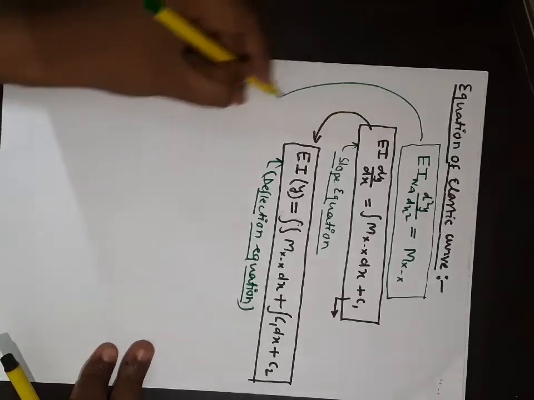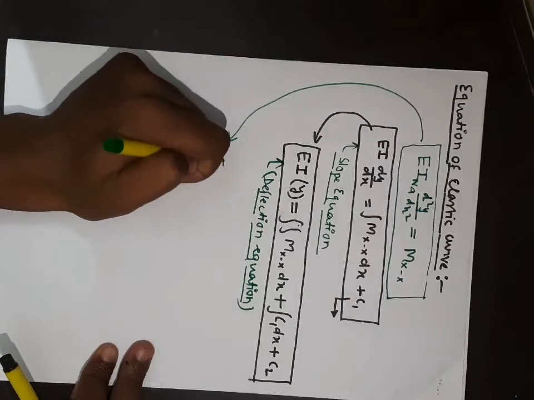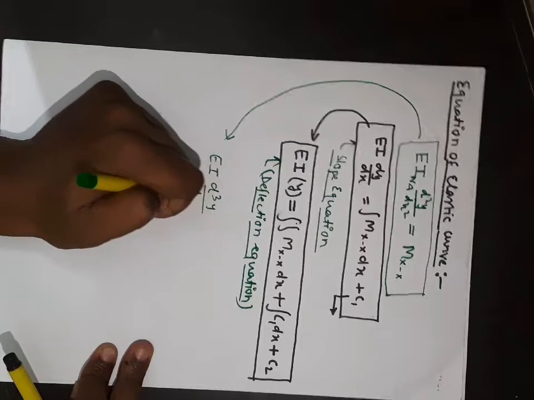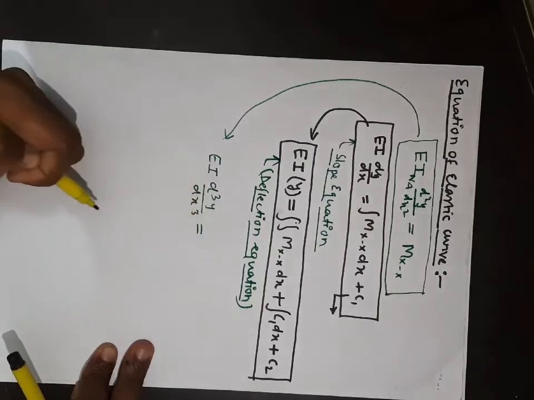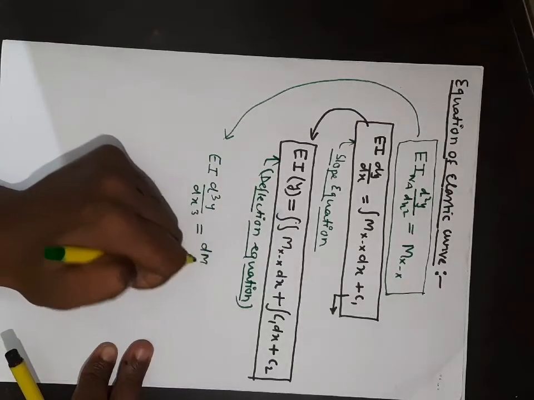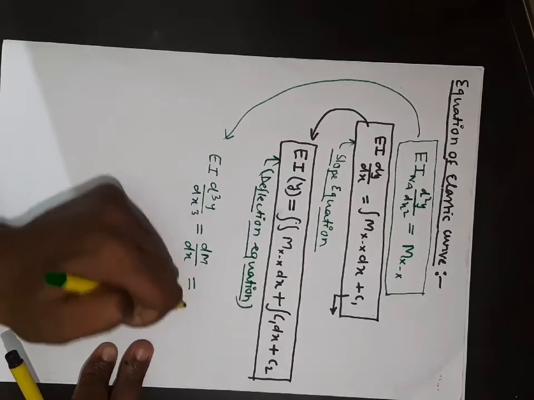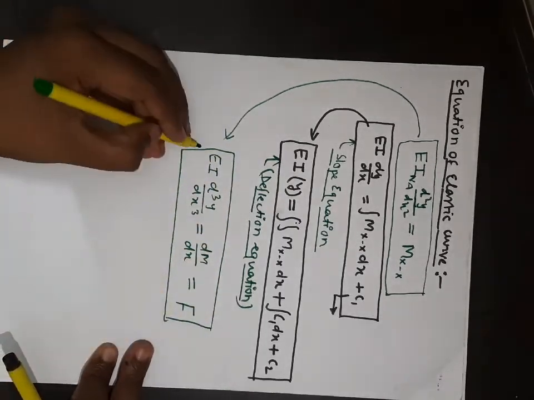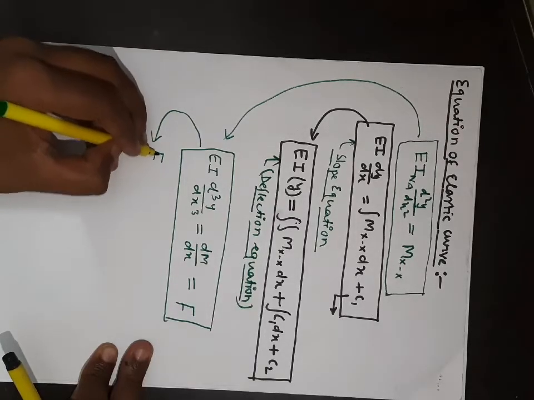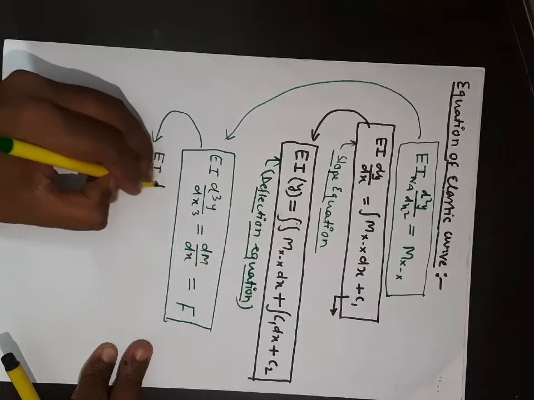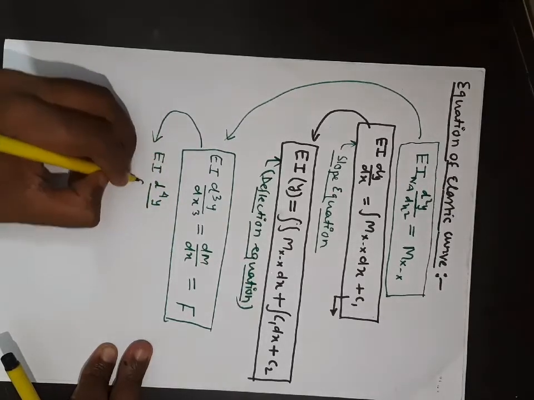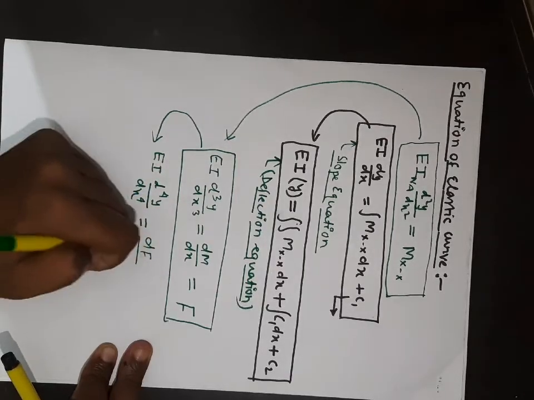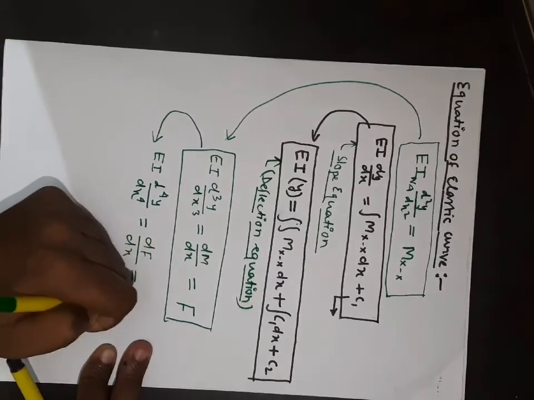Again, if I differentiate this equation, EI d³y/dx³ will give dM/dx, and dM/dx is nothing but F. If I differentiate again, EI d⁴y/dx⁴ is equal to dF/dx, and dF/dx is nothing but w.